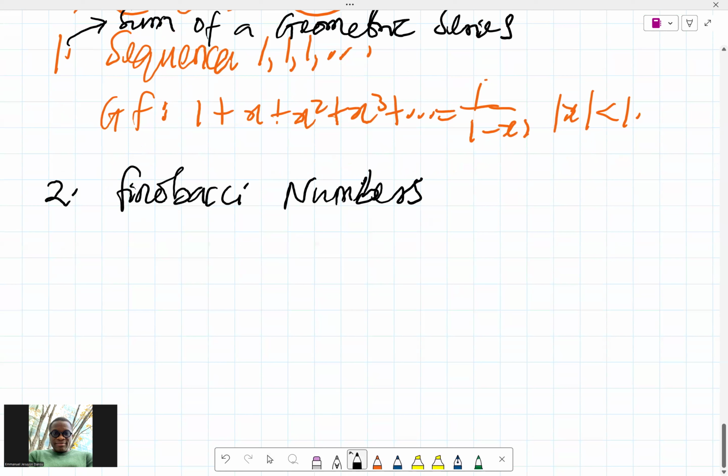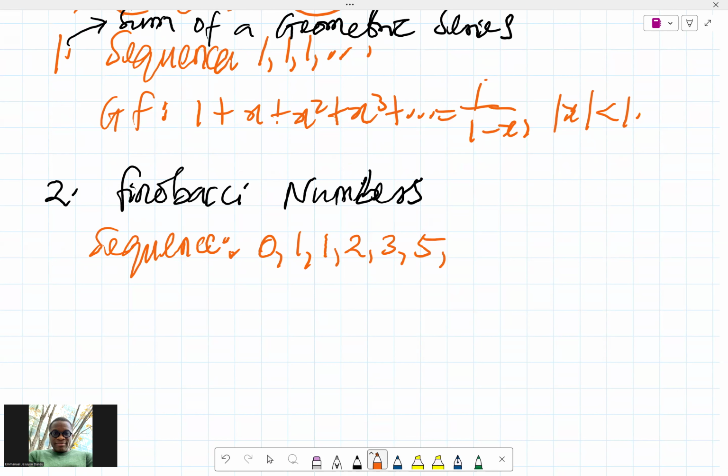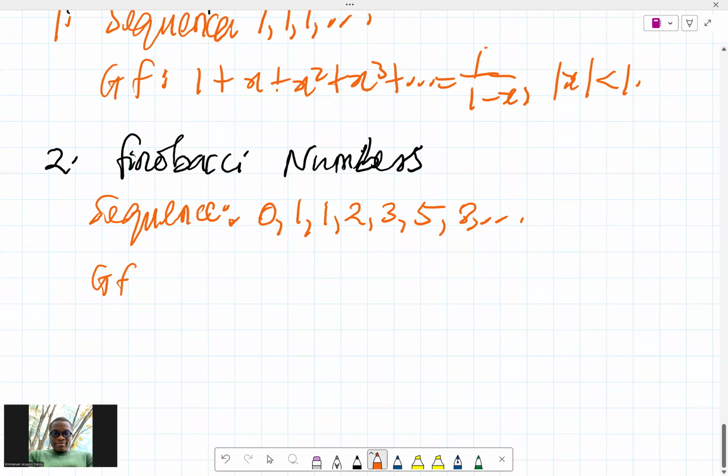The sequence looks something like this. Starting from 0 and 1, every other term is the sum of the previous two: 0 plus 1 is 1, 1 plus 1 is 2, 1 plus 2 is 3, 2 plus 3 is 5, 5 plus 3 is 8, and so on. The generating function associated with that is g of x equal to x all over 1 minus x minus x squared.